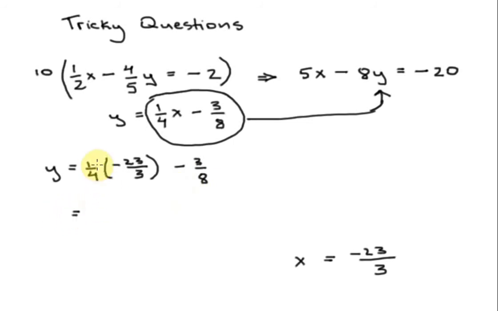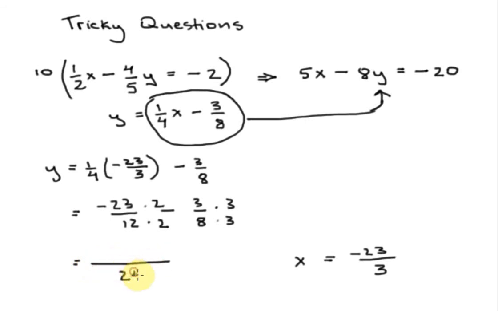So what do I get? I get -23/12 on the bottom. And then I've got minus 3/8. Well, I can't leave it like that. I've got to put these two fractions together. So I'm going to build a common denominator. I'm going to multiply these by 2 and these by 3 to build a common denominator of 24.